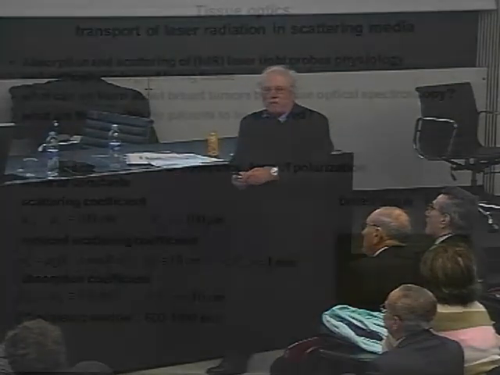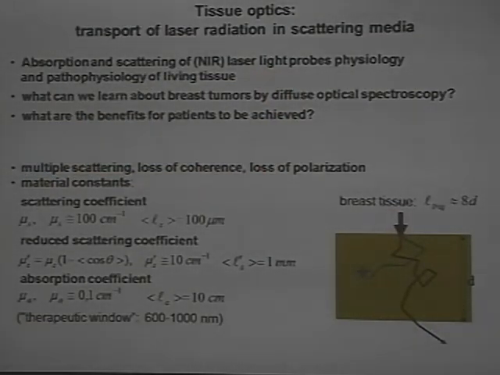And since it's forward peaked, this average taken over all scattering angles is very large. It's 0.9. So the transport scattering coefficient is down by a factor of 10 compared to the scattering coefficient, which means after 1 millimeter in tissue, you don't know anymore from which direction the photon came.